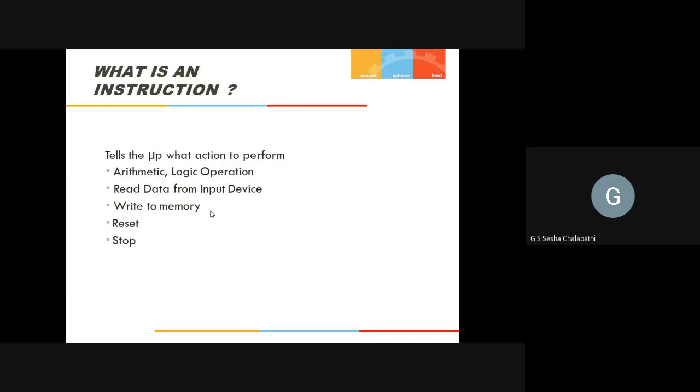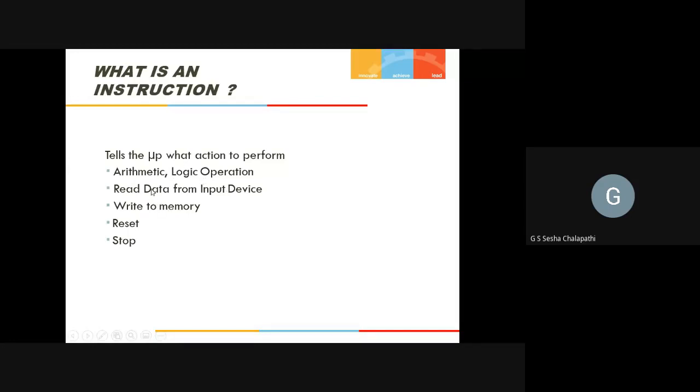So as I was telling, an instruction tells the microprocessor what kind of action it has to perform, whether it is an arithmetic operation, a logical operation, or any other type of operation, and what data has to be read from an input device if required.